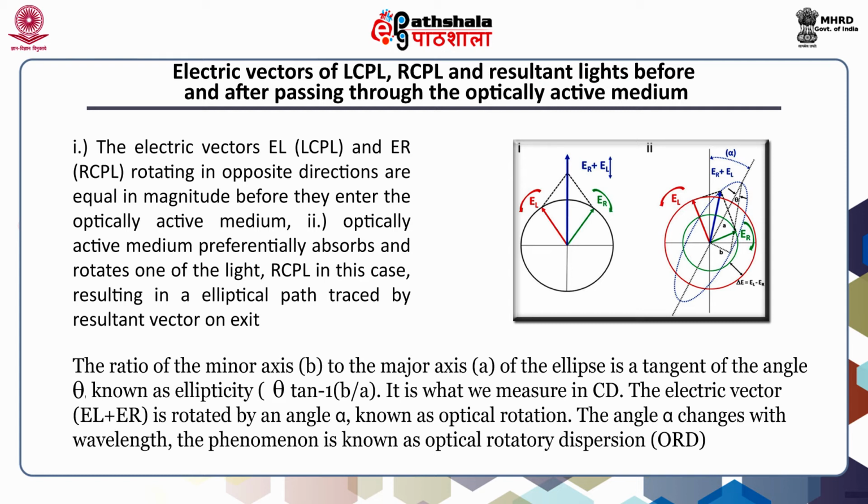The angle theta between the axis of the ellipse and the hypotenuse of the triangle shown with black dotted lines is the inverse tan of B by A. The angle theta is also known as ellipticity and is measured by the CD machine as a function of wavelength to record a CD spectrum.